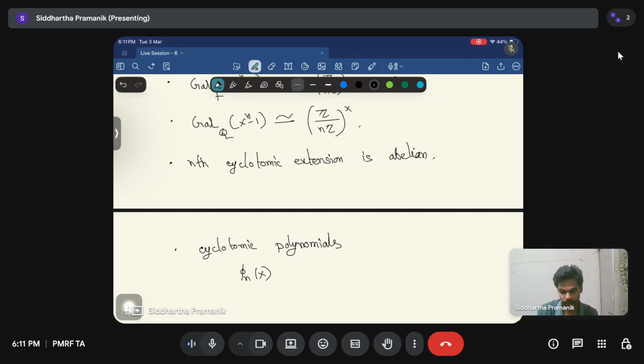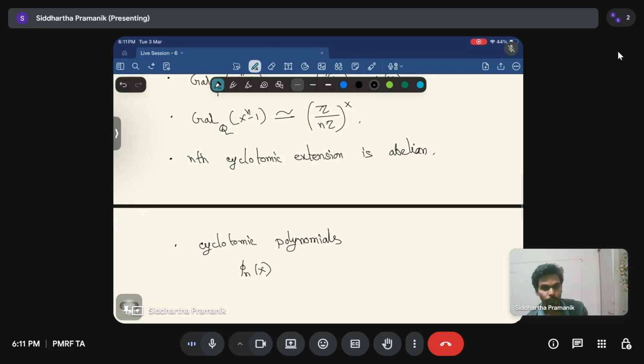This is basically the irreducible polynomial of a primitive nth root of unity, or we can write this as the product of x minus alpha, where alpha is a primitive nth root of unity.